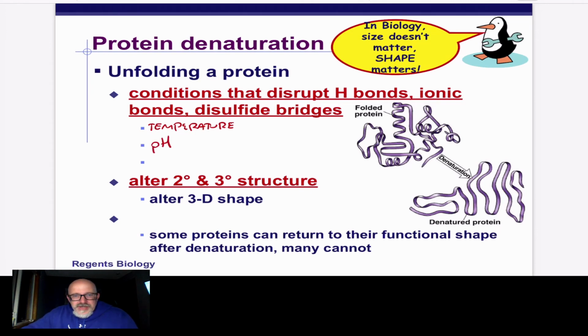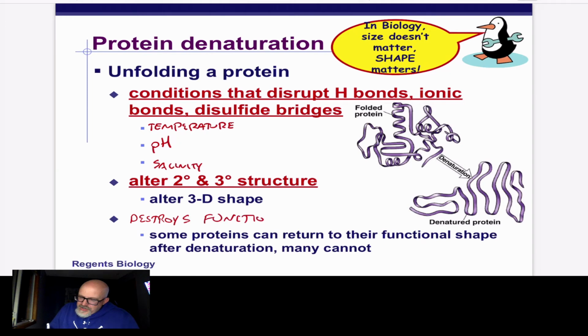Changing the pH, making it too acidic or too basic, can actually cause the full protein to unfold. Changing the salinity, the body chemistry, can alter that as well. If you alter the primary or the secondary and tertiary structures, you're actually altering the 3D shape. If you change the shape, you destroy all functionality of that thing.